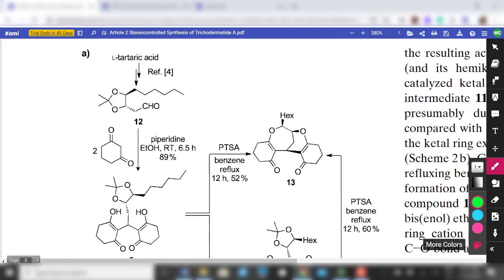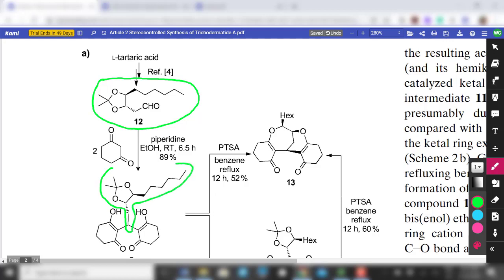So if you take a look at 12, which is over here, and you take a look at 5, you realize that the bulk of the structure remains intact. The only part that is being changed is actually the aldehyde.